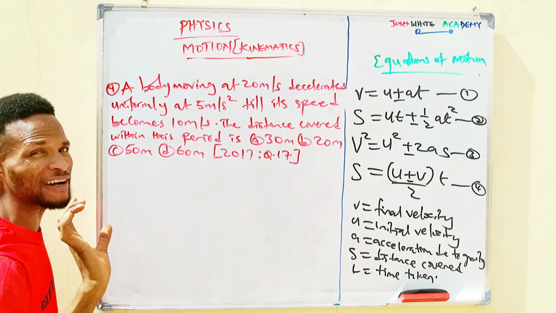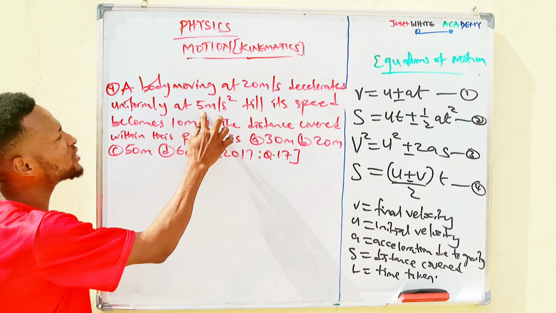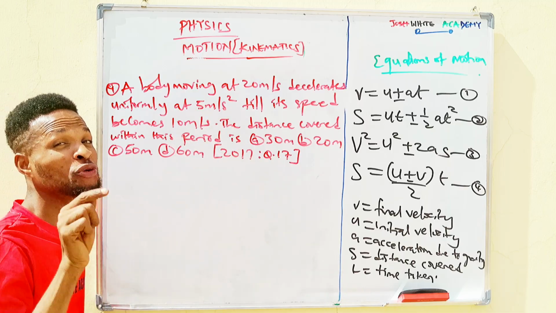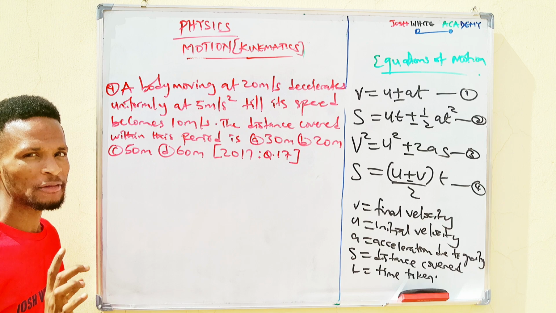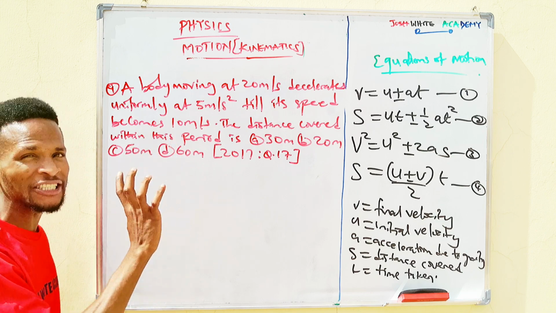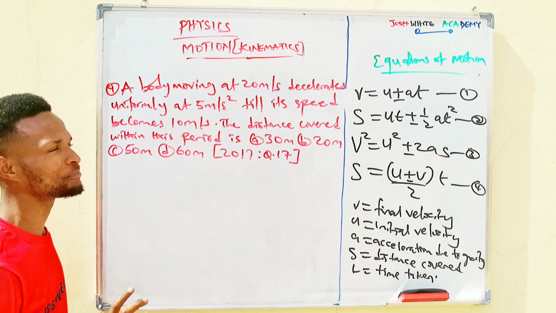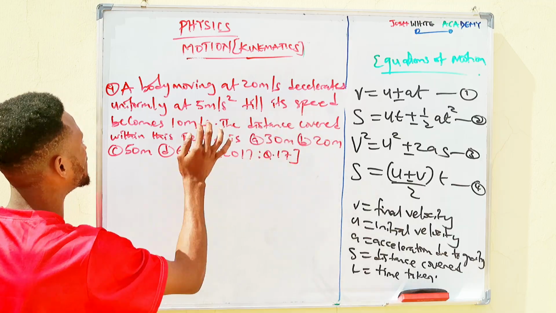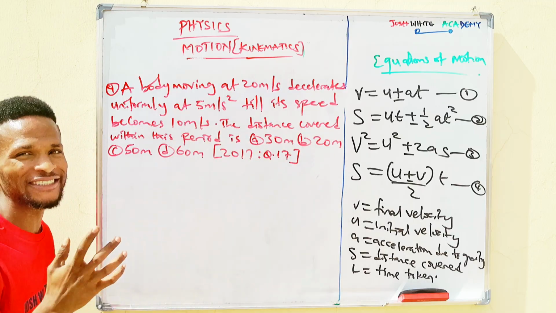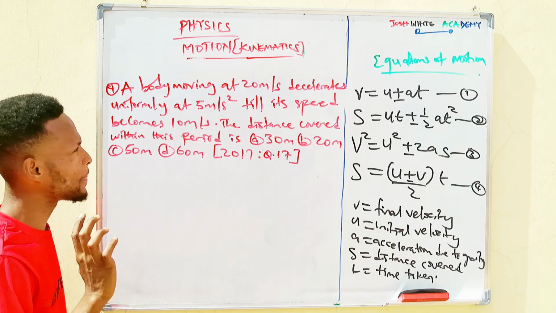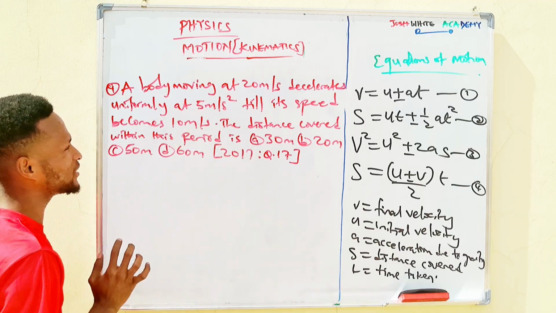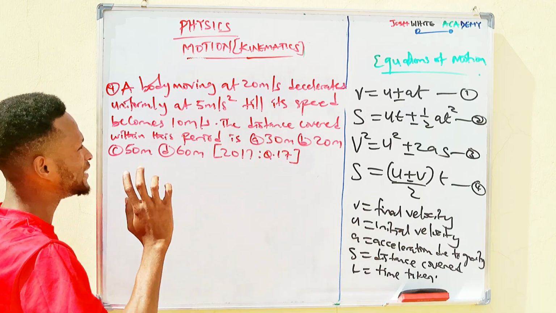Deceleration is a negative acceleration. So even though they put 5 meters per second square here, you should know that it should be negative 5 meters per second square. Please take note. Retardation or deceleration is a negative acceleration. Till its speed becomes 10 meters per second. Please take note. Speed here still means our velocity. So that's our final velocity. So we are being asked to find distance covered.